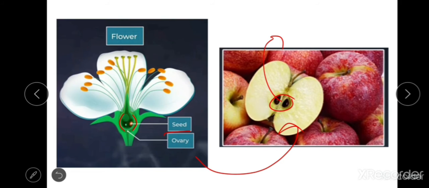Okay, I am writing here: ovule turns into seed after fertilization, and this fleshy, juicy part is a part of an ovary. That is why we said that angiosperms enclose seeds inside the ovary.